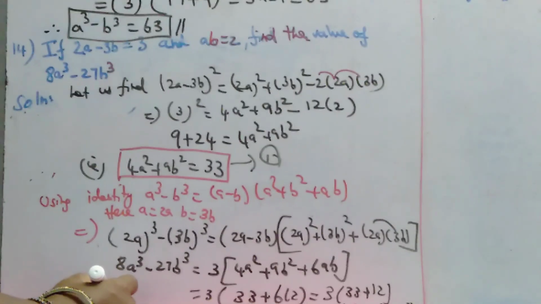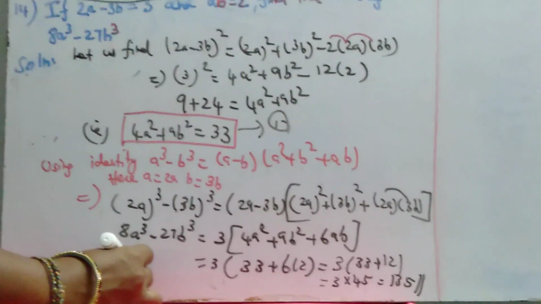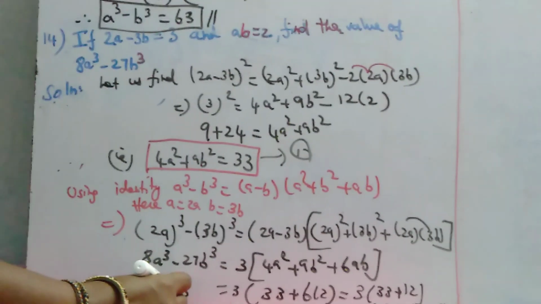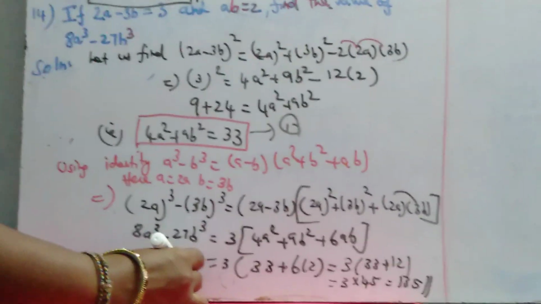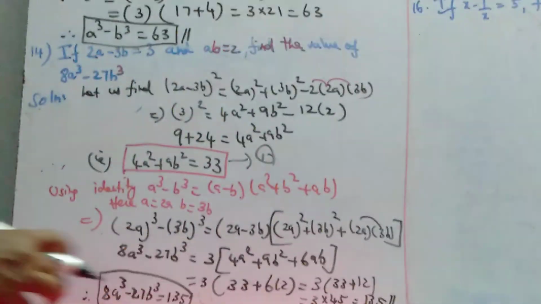So therefore 8a cube minus 27b cube equals 135, right?